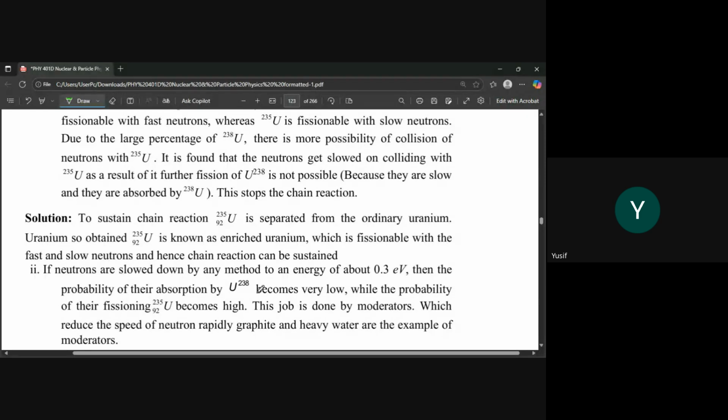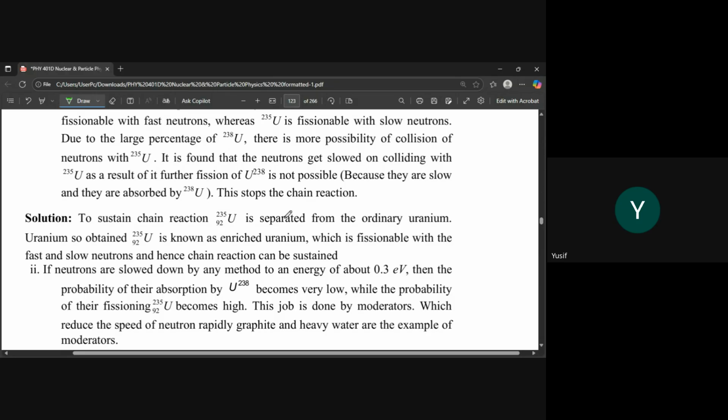As we said, when you are talking about nuclear fission reaction, one of the difficulties we face is that the chain reaction comes to a stop because of the capture of the neutron by uranium-238. Now, how do we solve that? To sustain the chain reaction, the uranium-235 has to be separated from the ordinary uranium.